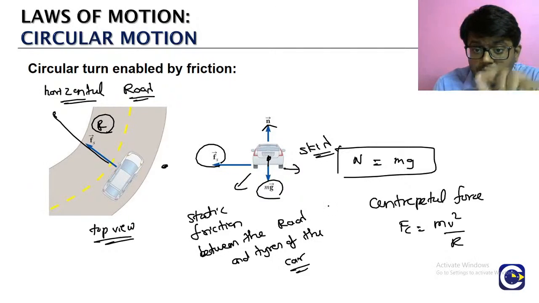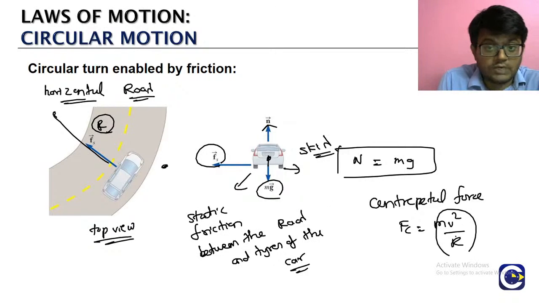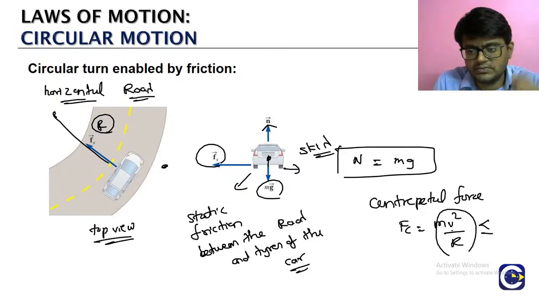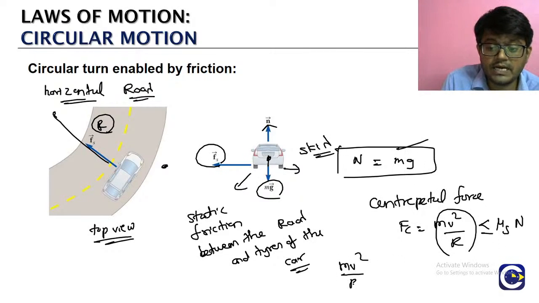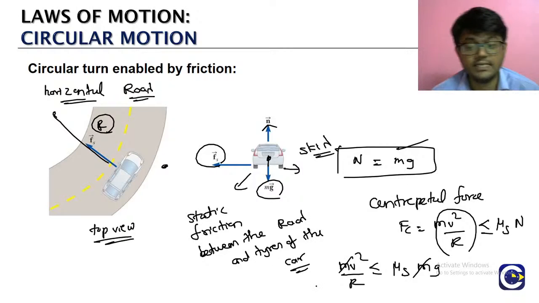Static friction should be able to provide this, which means this required amount of force should be less than or equal to the limiting value of the static friction. What do you mean by limiting value of static friction? Mu s into normal reaction. But what is the normal reaction already? mg. Means mv square by r should be less than or equal to mu s into mg. So m we can cancel.